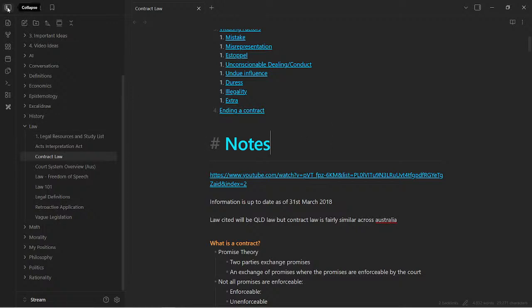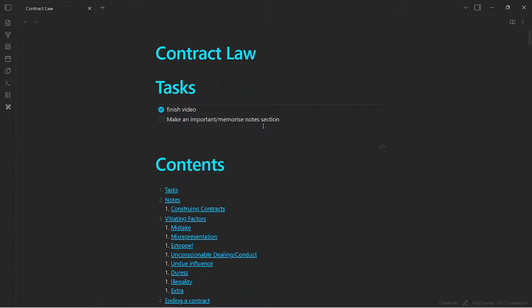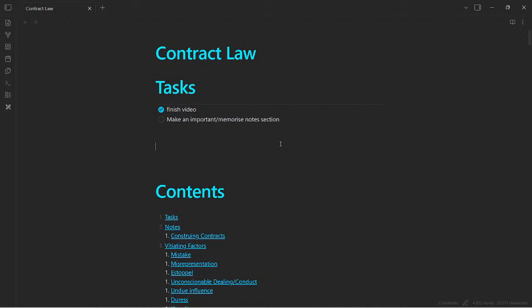Really, what I want to do is create a folder for every subject where it has the stuff that I absolutely want to memorize, right? So like I have notes, so like categories of notes, right?